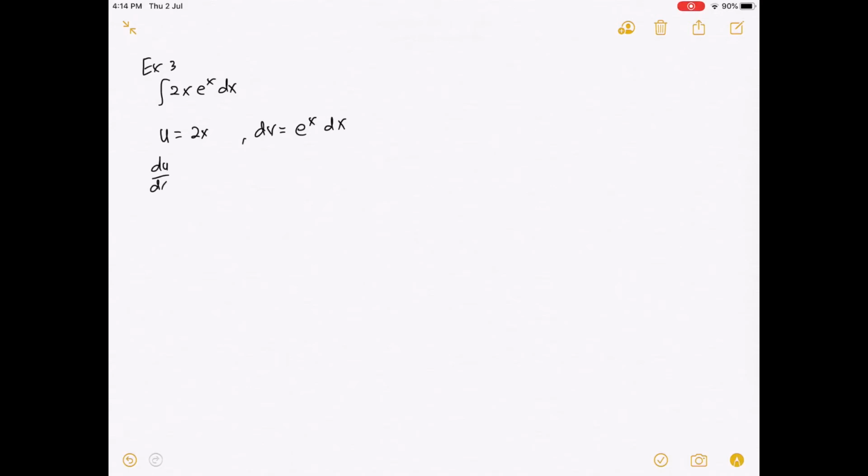Again, differentiate u with respect to x, we will have 2, then the other one we have to integrate. v equals e^x.